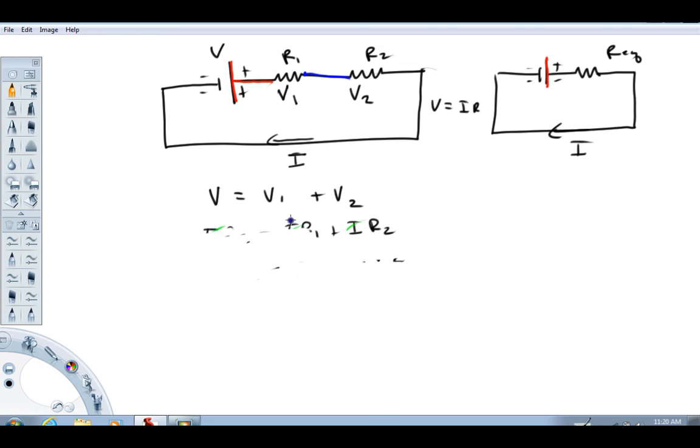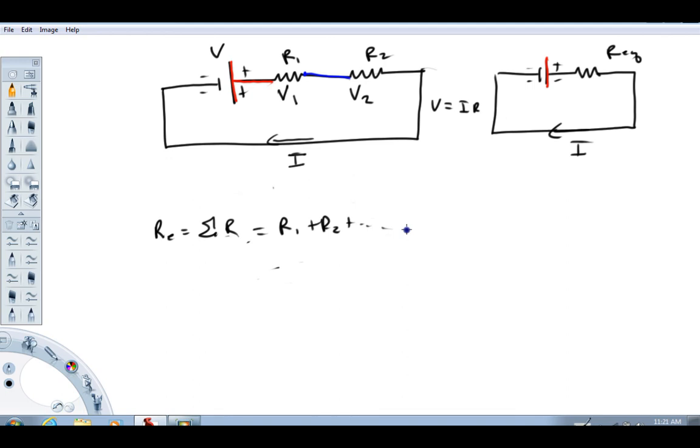how equivalent resistance is calculated depends on whether the circuit you're looking at is a series circuit or a parallel circuit. For circuits in series, the equivalent resistance is the sum of all the resistors: R1 plus R2 plus, no matter how many of them there are.